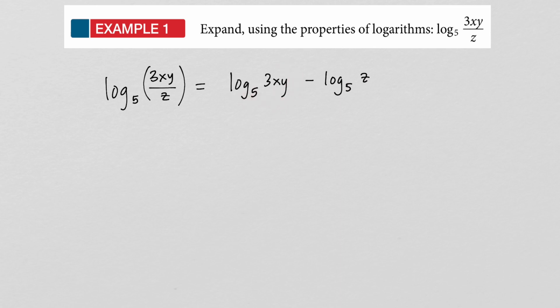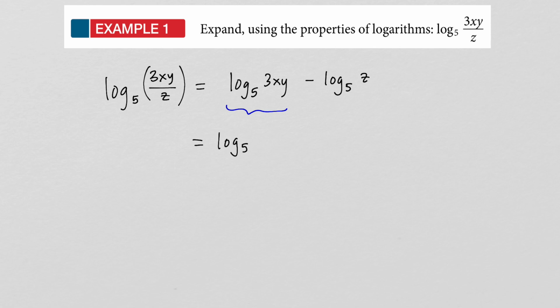But in the first part, we have the log of the product of three things. We have the log base 5 of 3 times x times y. And the log of this product can be broken down into the sum of three individual logarithms.